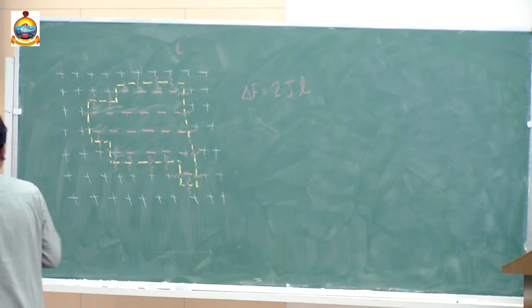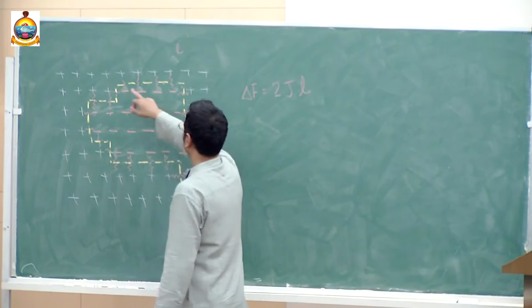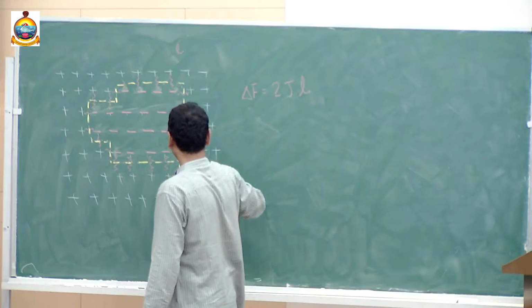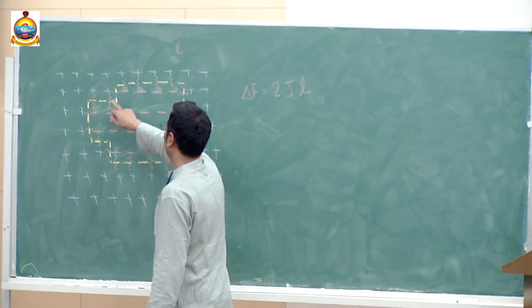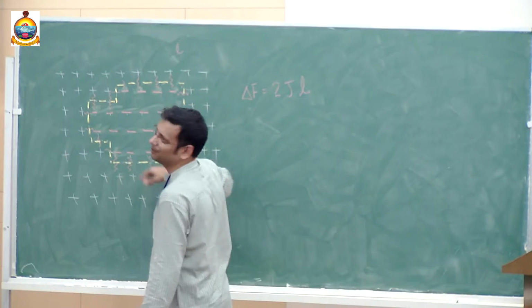Now comes the next question. Of course now I have to estimate the number of ways of creating this kind of a domain wall, this kind of a structure, and the only thing I should remember is that this structure should have basically the same perimeter.